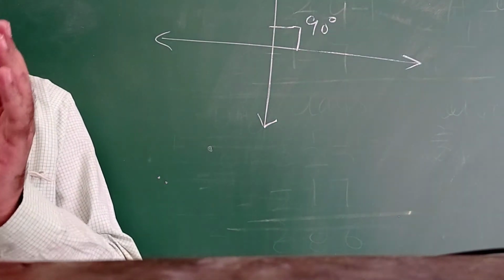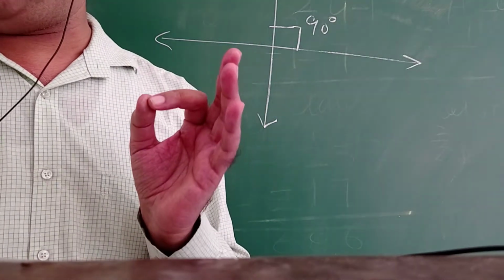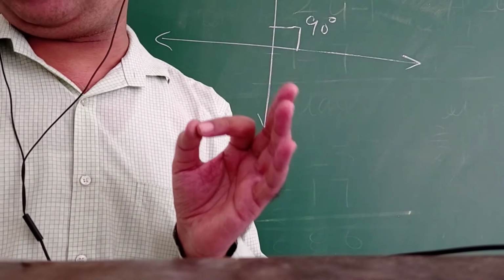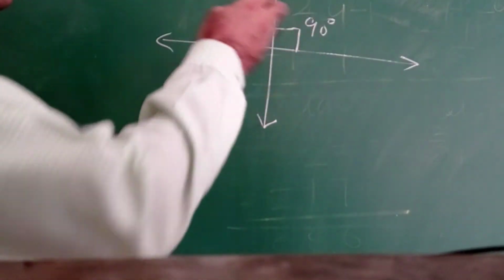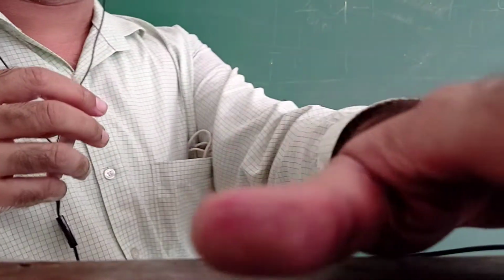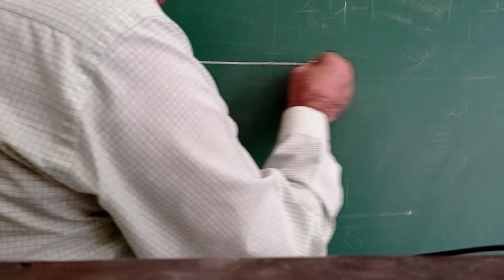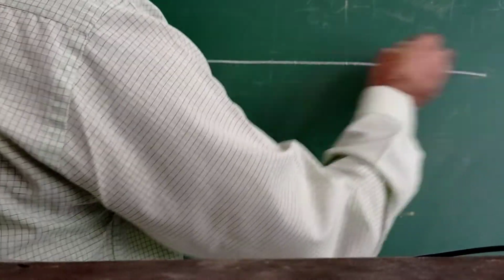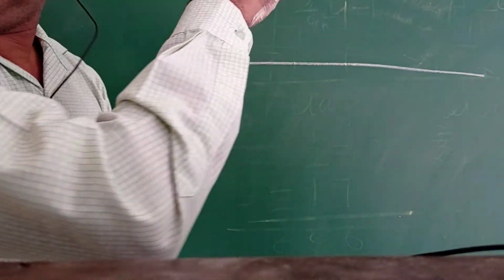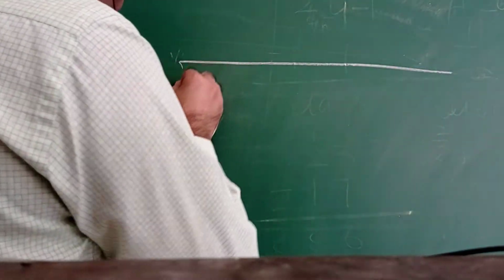You have to draw a line segment AB. Mark any point M on it. Suppose you have to draw a perpendicular. What will you do? You will draw a line segment AB of any measurement.